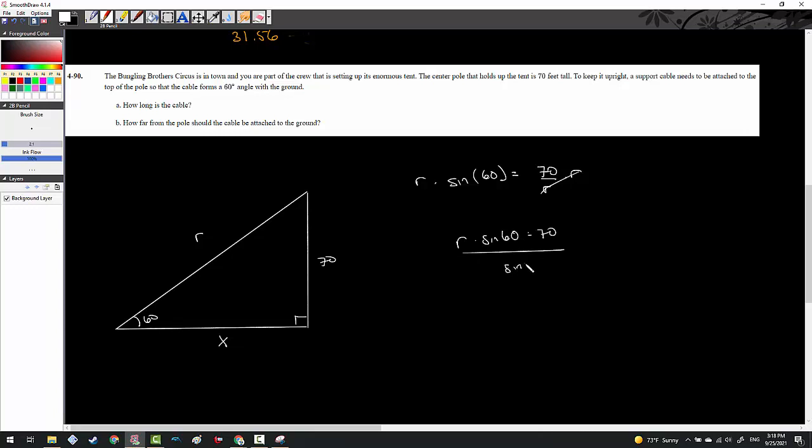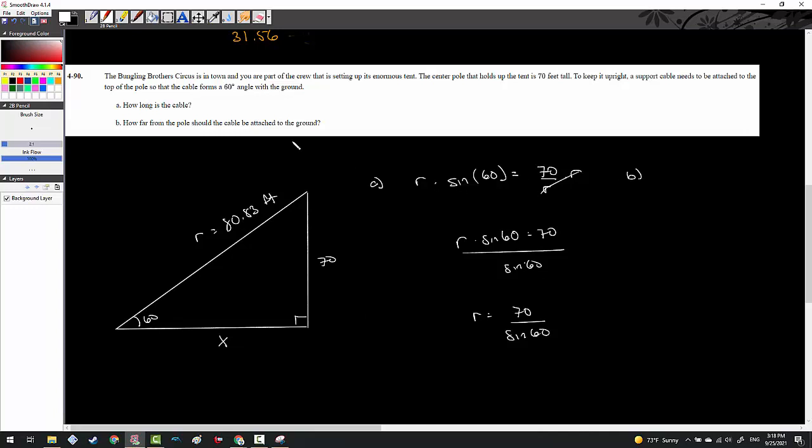Divide both sides by sine 60. So what I get is R equals 70 over sine 60. And what you end up getting for R is 80.83 feet. And that takes care of A.